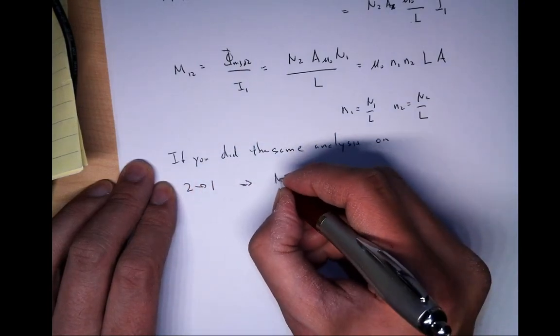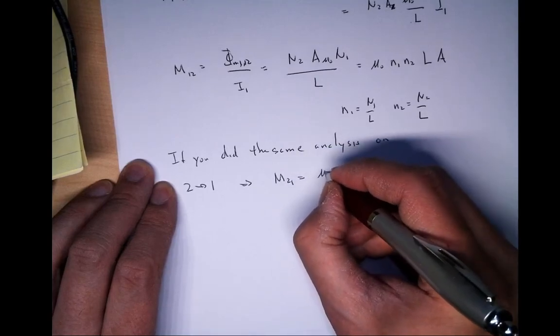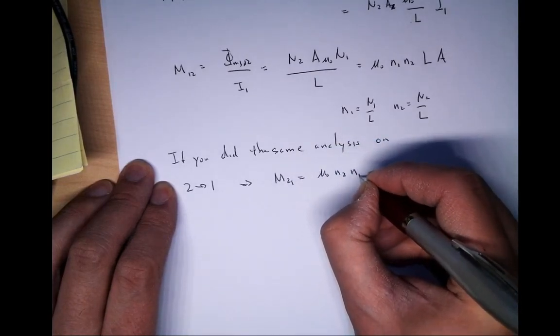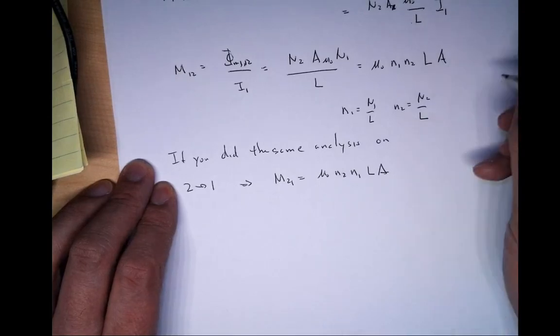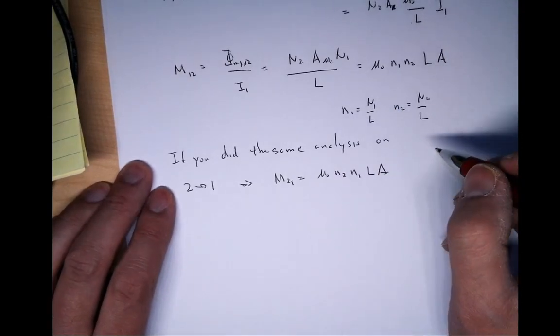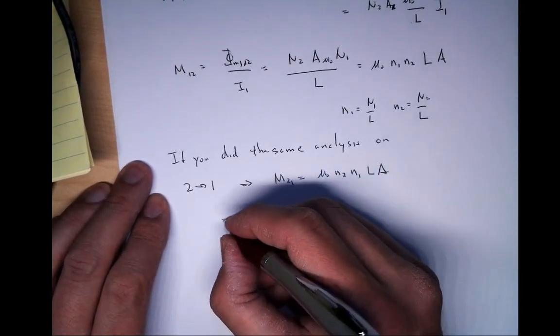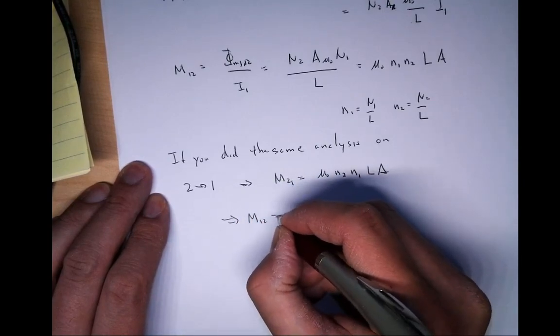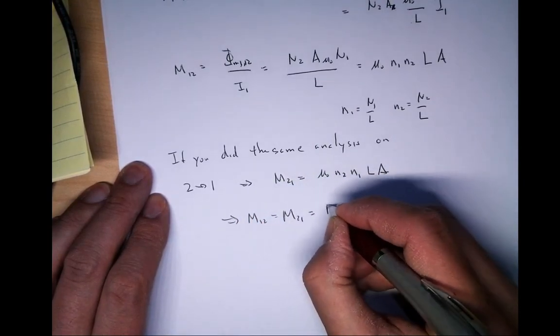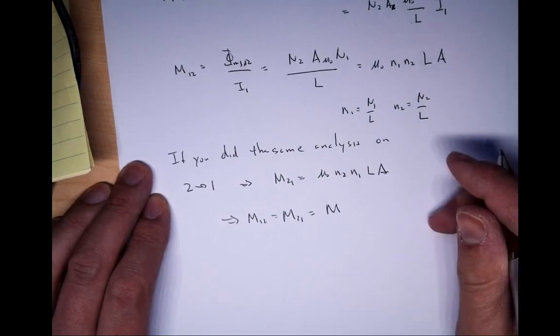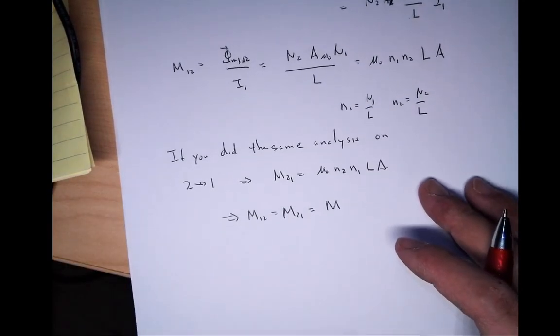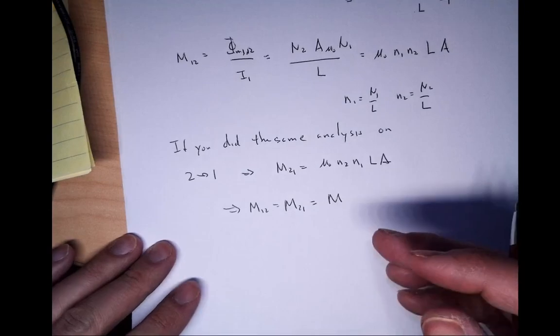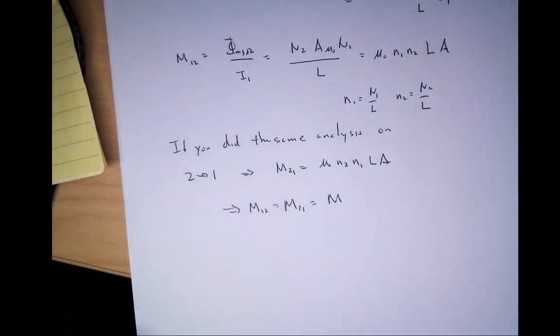You also get M21 is equal to mu 0 N2 over L times N1 over L times A. So I just flipped everything here, right? And what that tells you is that M12 equals M21, which is equal to some mutual inductance M. So the mutual inductances give you the same result.